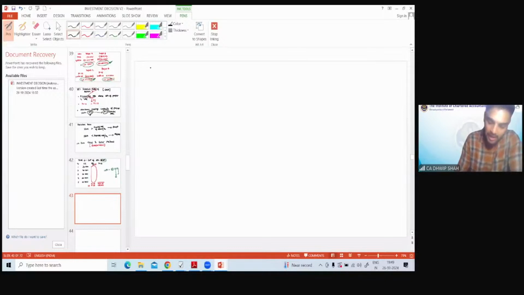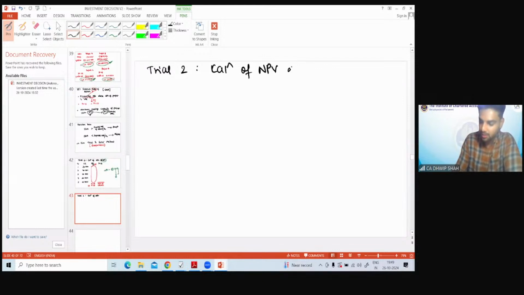Trial 2. And I would suggest take a gap of 5%. So trial 2, calculation of NPV at 15%. Yes, take 15%. Again, let's calculate NPV.